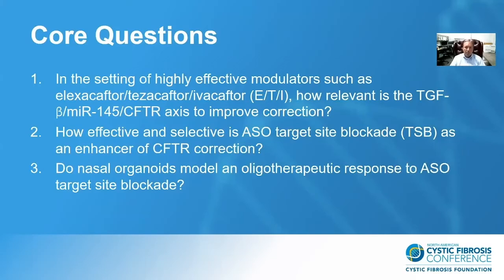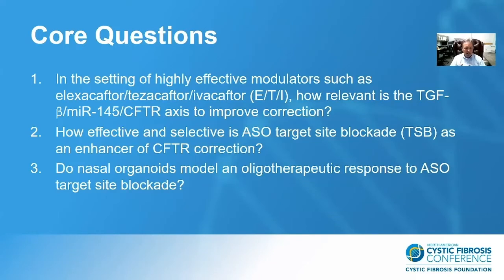So there are really three core questions that I'd like to address with this presentation. One, our previous work has been in the setting of less effective modulators, but now there is a highly effective modulator, specifically elexacaftor, tezacaftor, and ivacaftor, which has really transformed CF care. How relevant is this TGF-beta miR-145 axis to improve correction? Does TGF-beta still impede ETI correction? Can we still improve ETI correction?